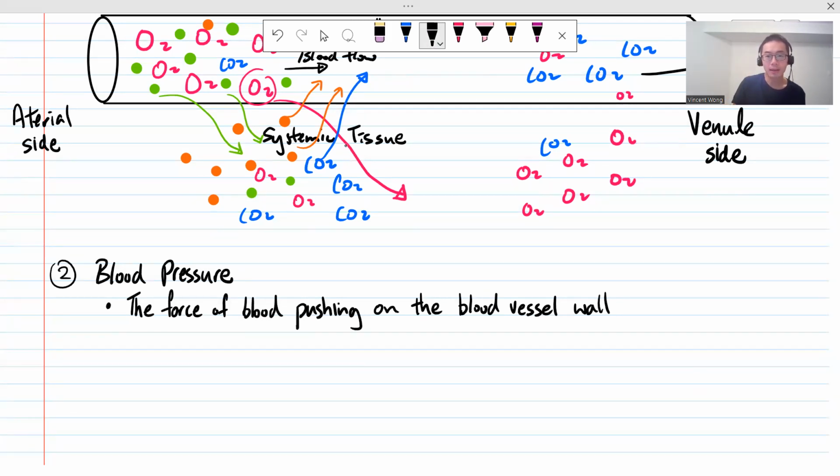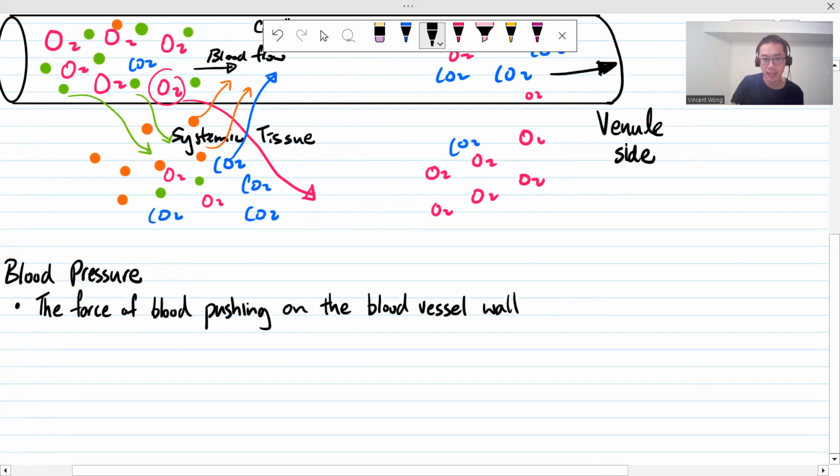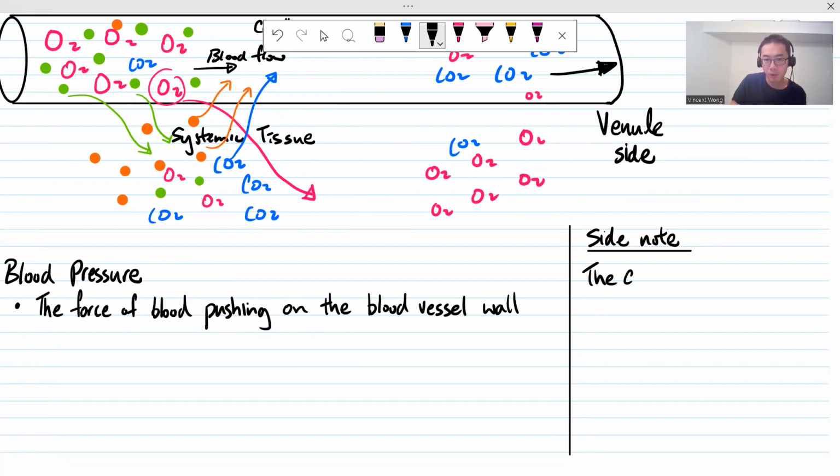Another thing you have to understand, which I didn't tell you yet, is a side note: the capillary wall is leaky.